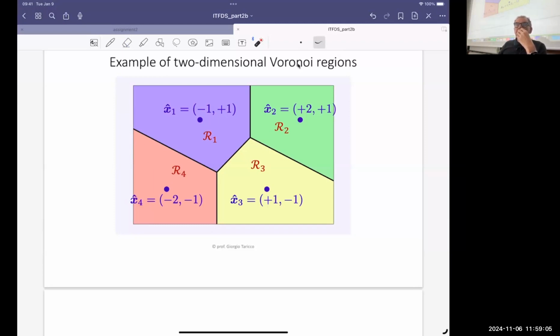If we were to obtain the Voronoi regions in 3 dimensions, instead of considering the axes, we should consider the planes that are equidistant from adjacent quantization points.